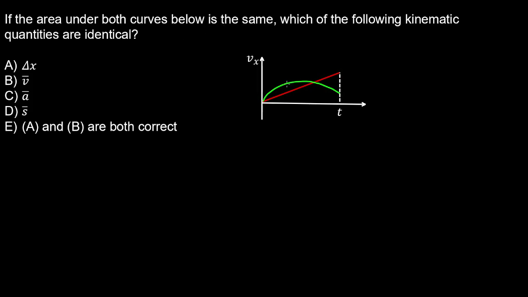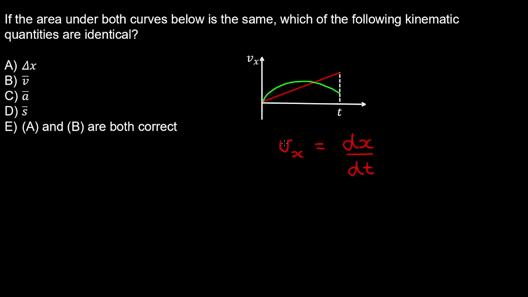If the area under both curves below is the same, which of the following kinematic quantities are identical? Well, remember that the velocity is the rate of change of position with respect to time.